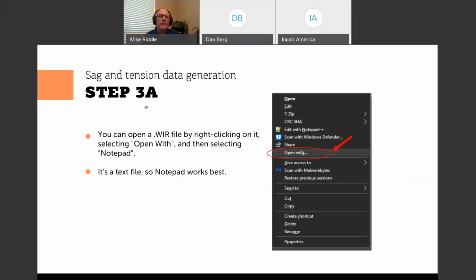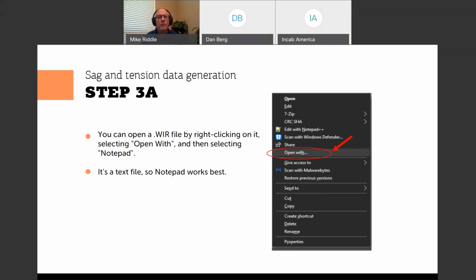How you do that is to open an existing wire file by right-clicking on it. And I prefer to use Open With and use Notepad. Now, by default, most Windows machines are going to open it with Word. And the problem with that is that if you aren't really, really careful when you finish editing it and save it, Word's going to change the format to a Word document format instead of a text file.